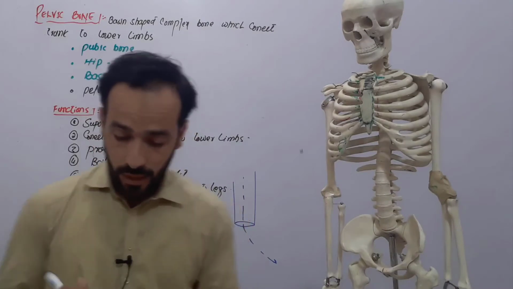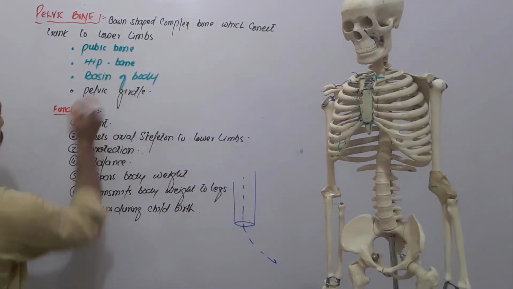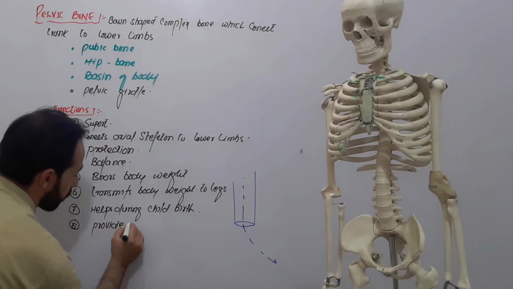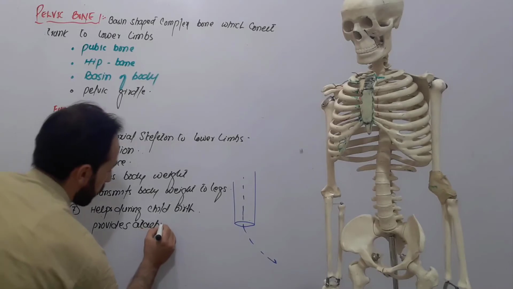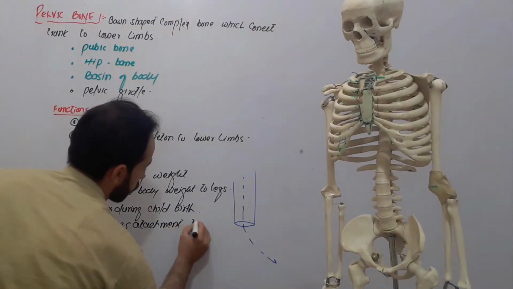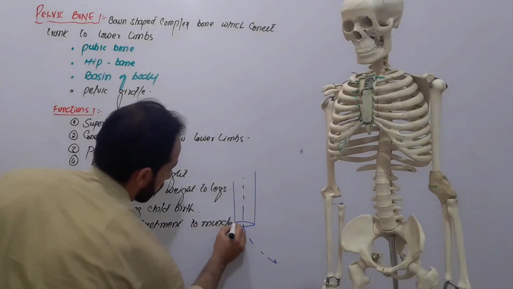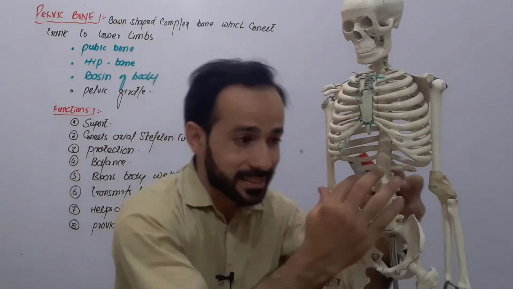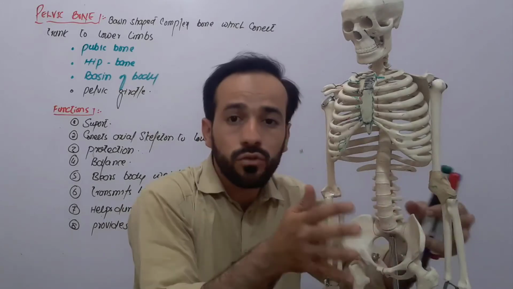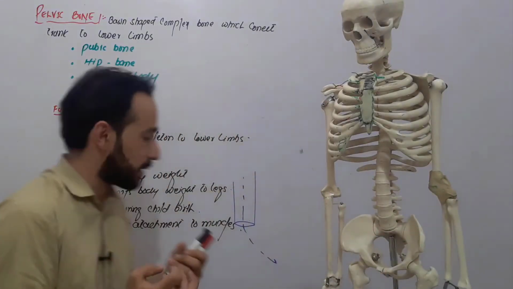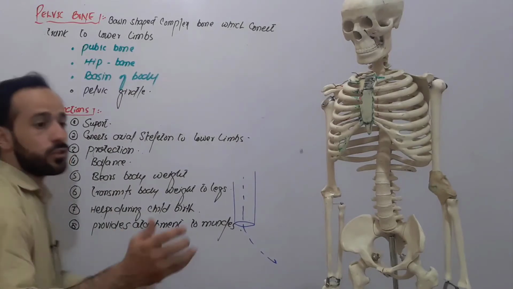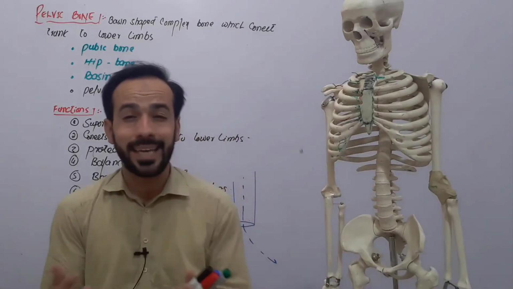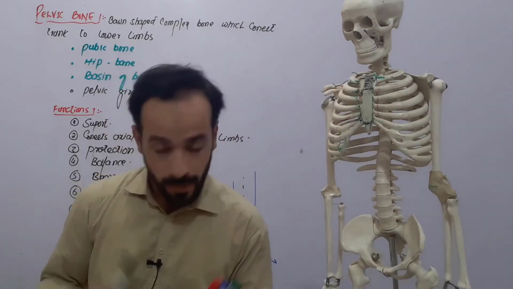And then there is another function of this pelvic bone, that it provides attachment to different muscles which are present in your pelvic region, and certain muscles which are connected to your abdomen. So all those muscles are attached with your pelvic bone. So the pelvic bone is responsible to provide attachment to different muscles.